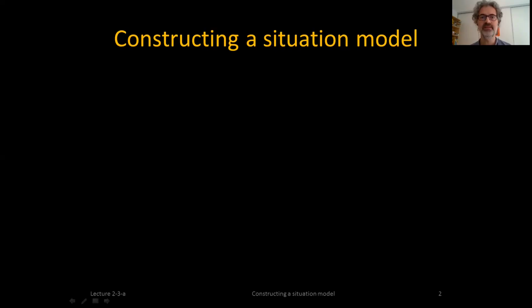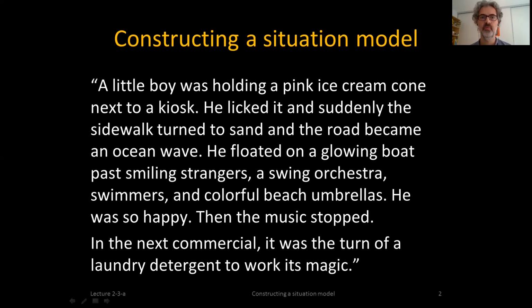So what is the mind supposed to do when you encounter and read a text like this, and you have mastered decoding to a sufficient extent that you have no trouble recognizing the words in these sentences? Let's see how the mind goes about processing them with the aim of understanding.